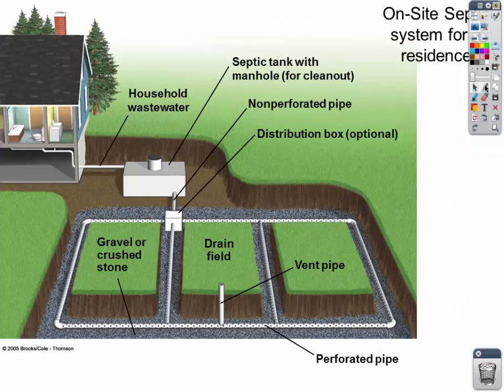So let's take a look at a situation where we have an on-site septic system. Some of you out there might have a tank in your yard and a drain field, and this is for you. This is called on-site septic because this is on your property. When you flush your toilet, when your washing machine drains, when the water goes down through your sink in your bathroom and your kitchen, it all goes into a tank in your yard, and that tank is made of concrete.